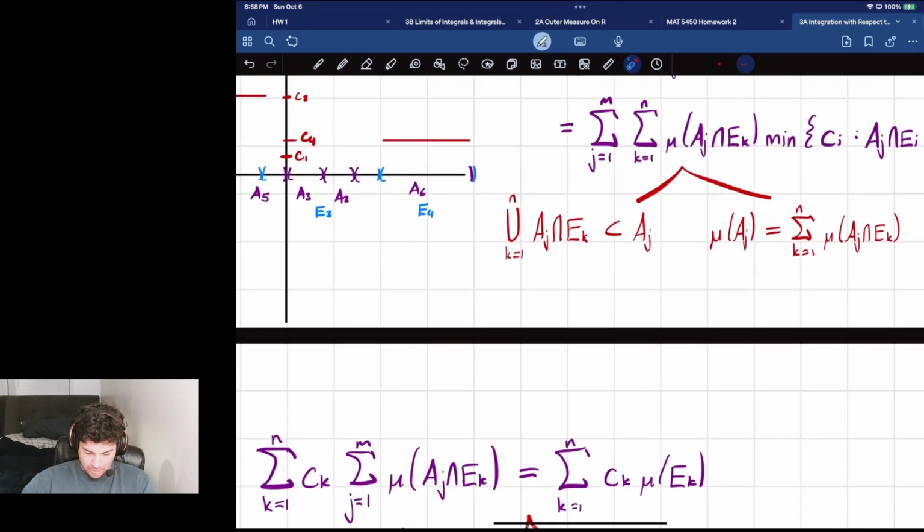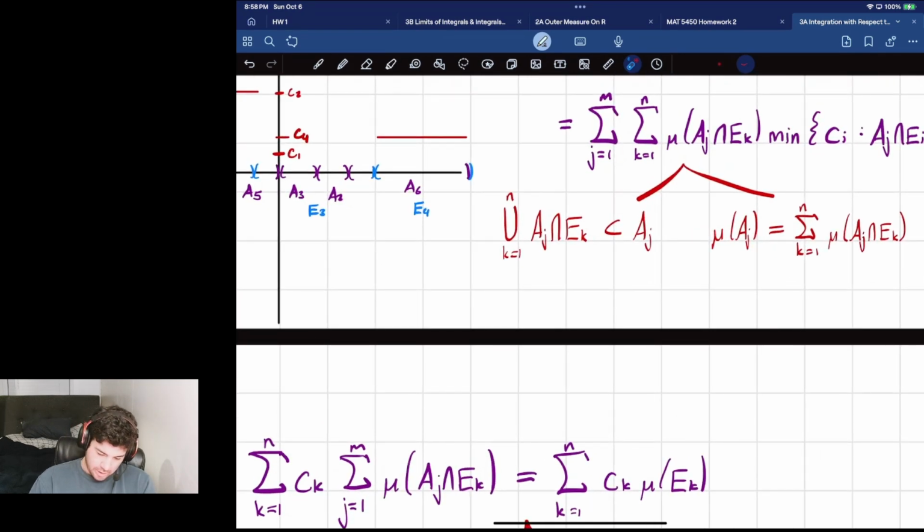Yeah, I think this is true actually, because each of these is contained in Aj.